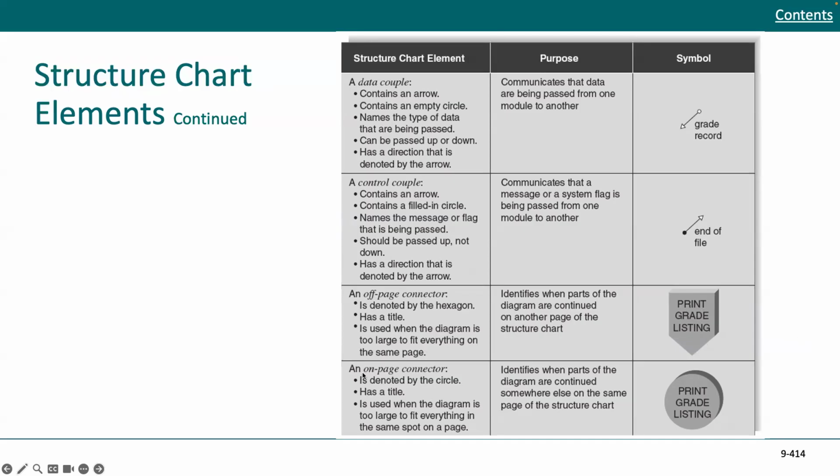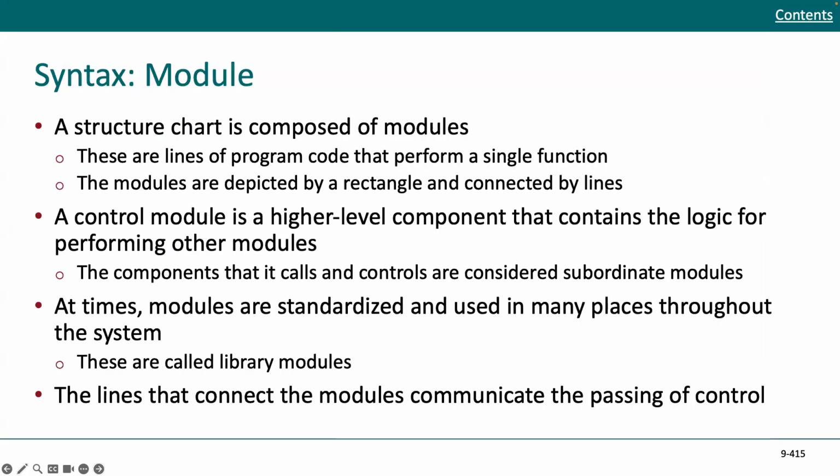And then we can have an on-page connector, a round circle. So that's the syntax that we're proposing here. You may get exposed to some other syntax, but that's what we want to be thinking about for this textbook, for this course, and for this lecture. So those are some highlights for a structure chart.